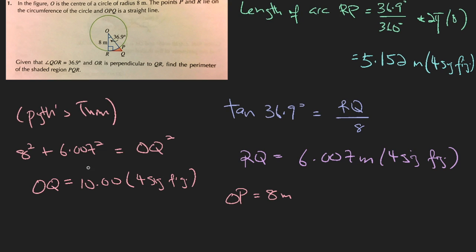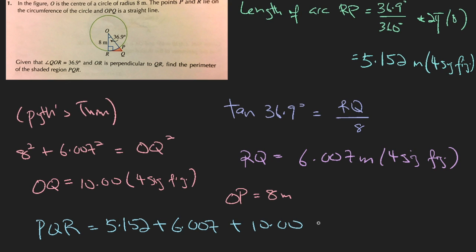Alright, so you have all three sides. All you have to do is to sum them to find PQR. So PQR is 5.152 plus 6.007 plus 10.00, and your answer will be 13.2 meters.